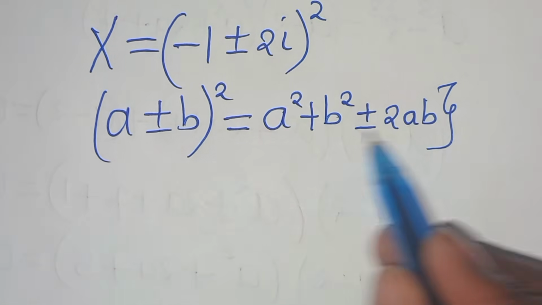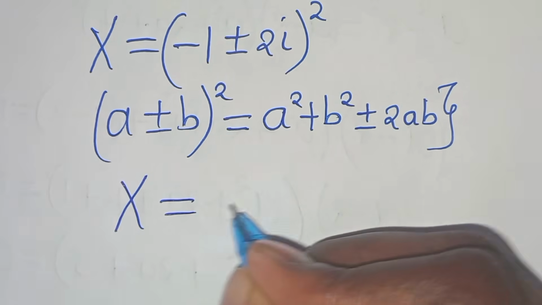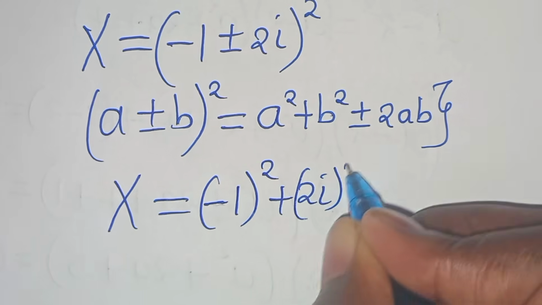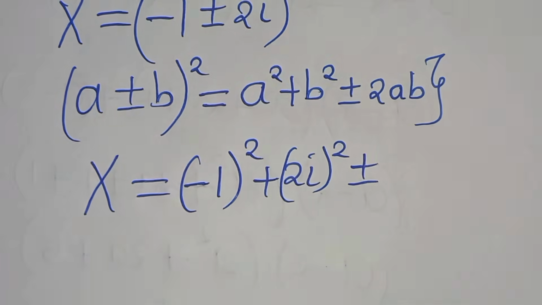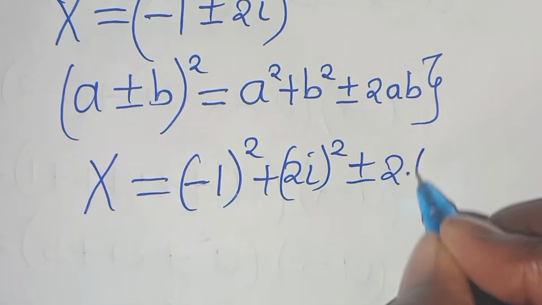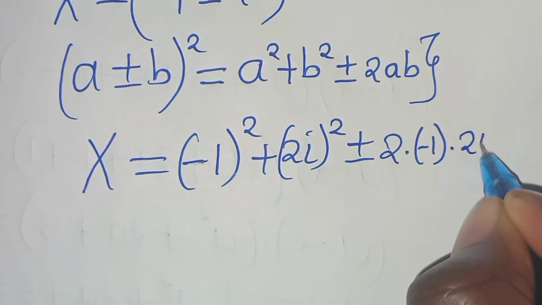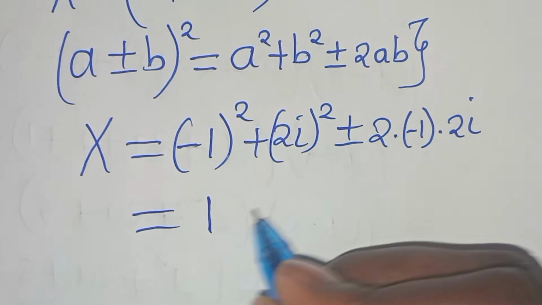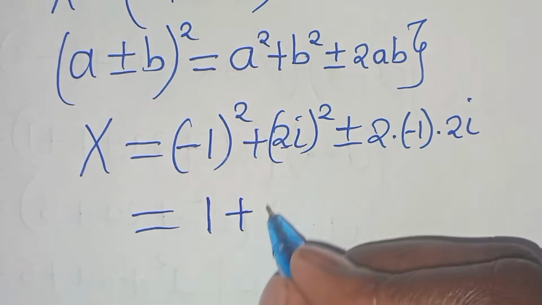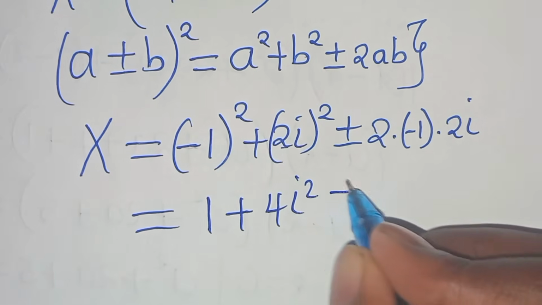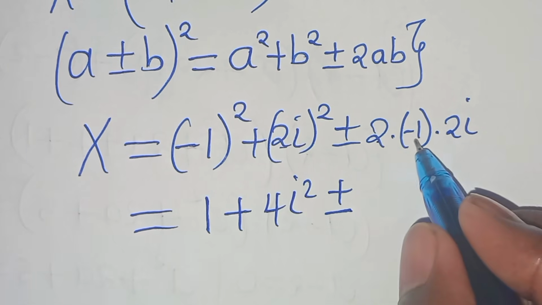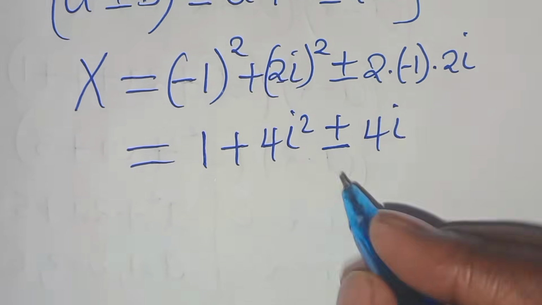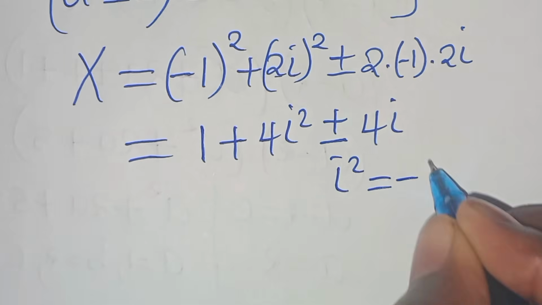Now, applying this algebraic identity, we have x is equal to negative 1 raised to the power of 2 plus 2i raised to the power of 2 plus or minus 2 times negative 1 times 2i. This means we have negative 1 squared, this is 1, plus 2i squared, this is 4i squared, then plus or minus 2 times minus 1 times 2i, this is 4i, and we have that i squared is equal to negative 1.